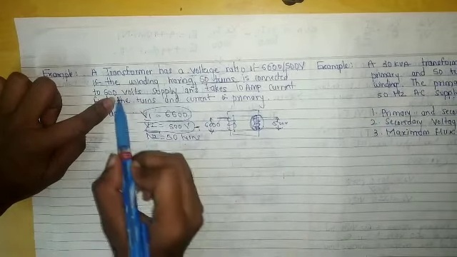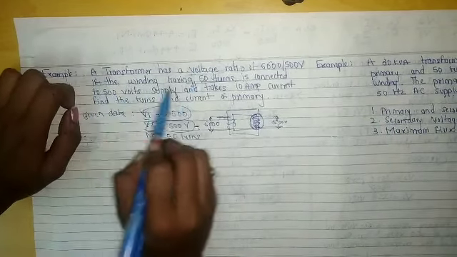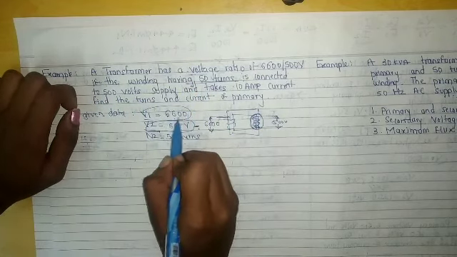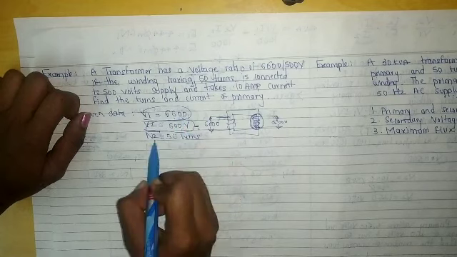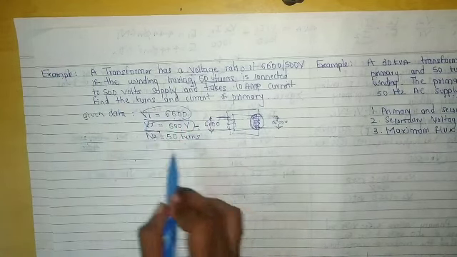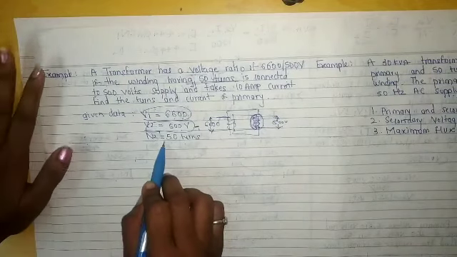If the question said the winding having 50 turns is connected to 6600 volts, then this would be N1. But now they have said 500 volt supply, that means this is N2, right?